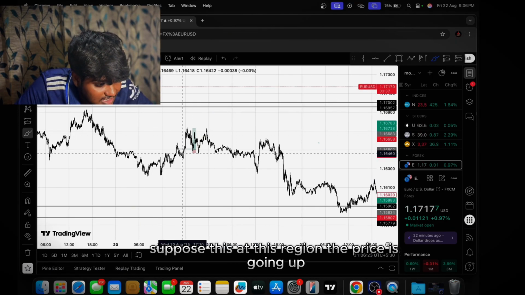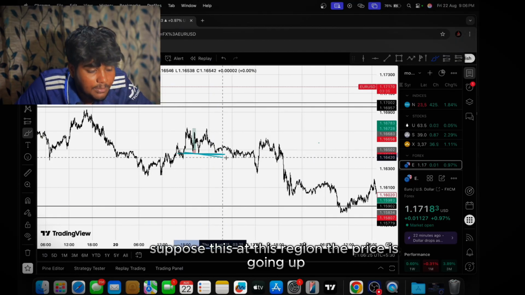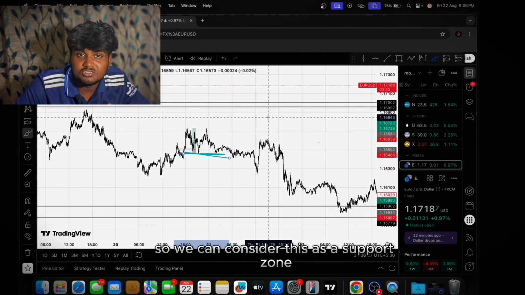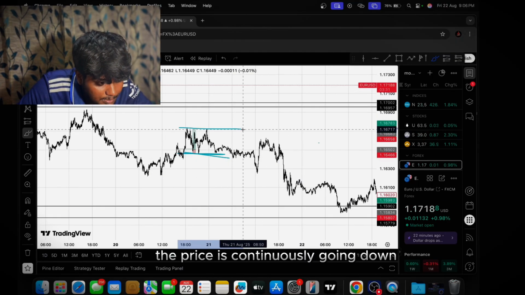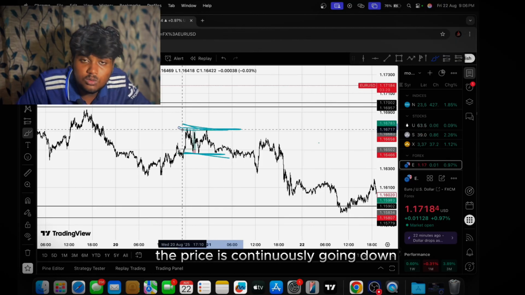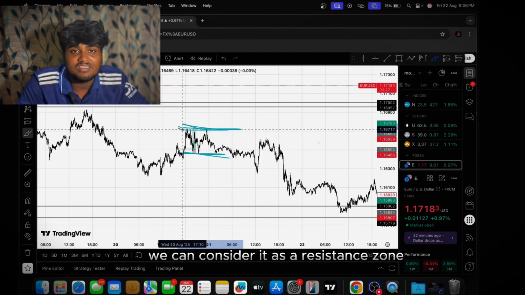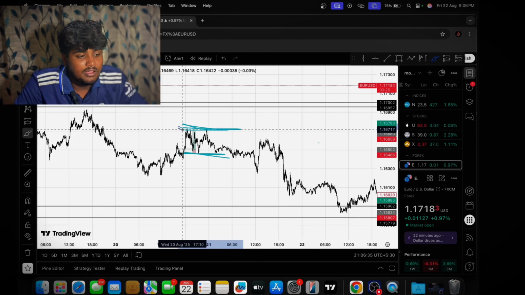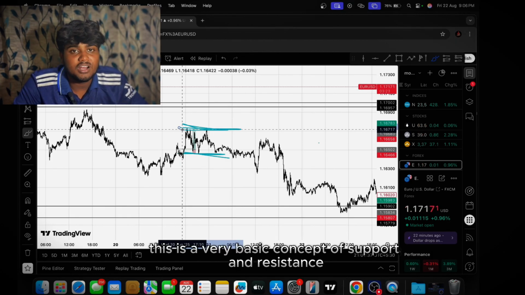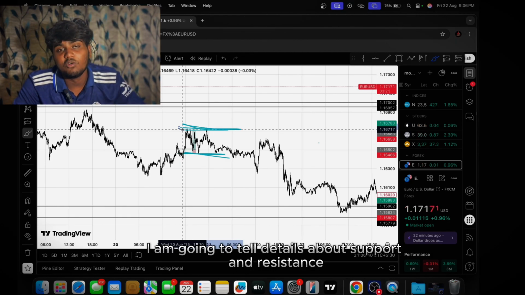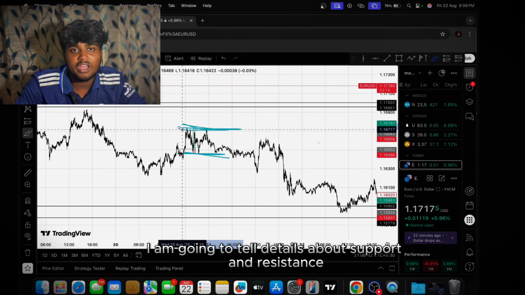Suppose at this region the price is going up, so we can consider this as a support zone. And from this position the price is continuously going down, we can consider it as a resistance zone. This is a very basic concept of support and resistance, and in the second video I am going to tell details about support and resistance.